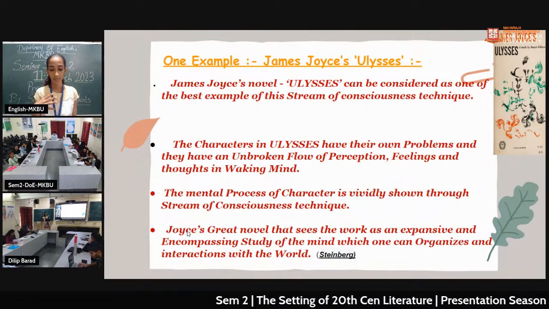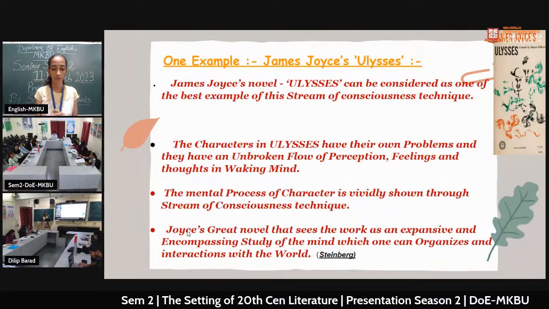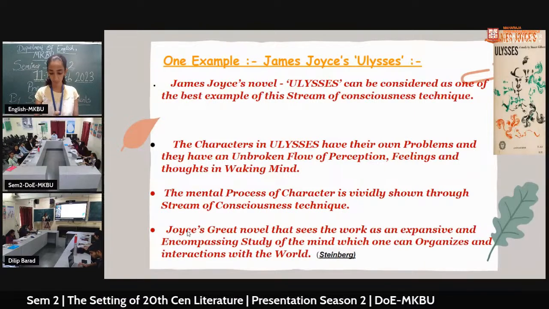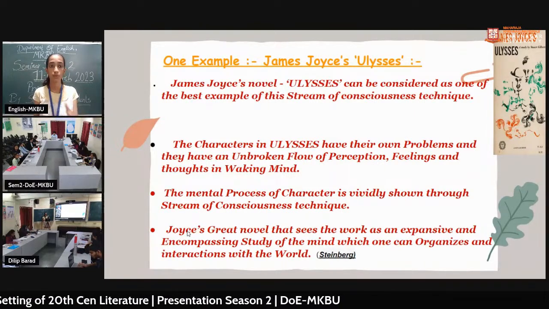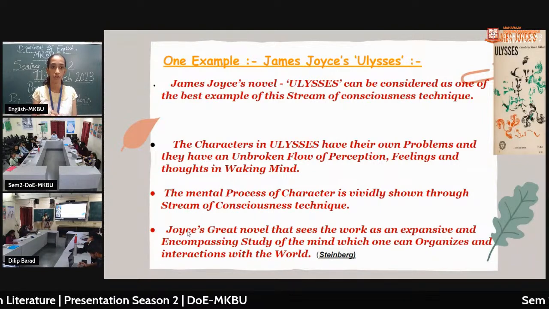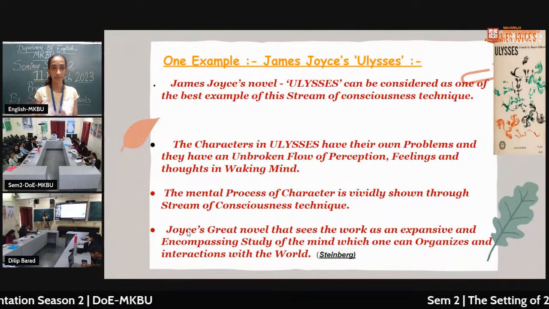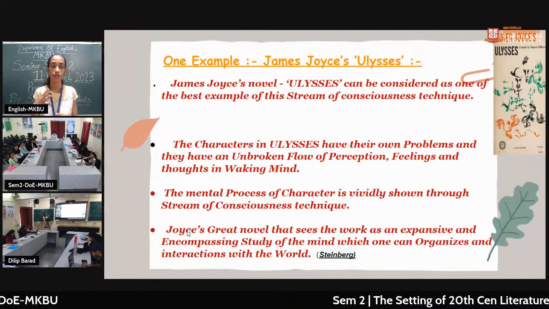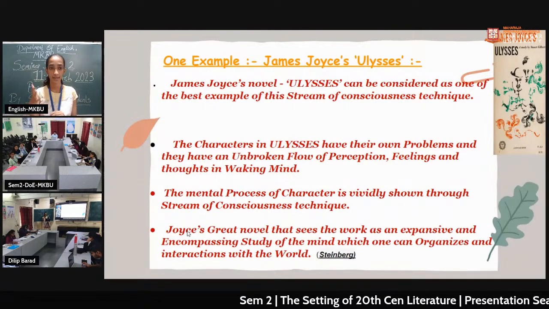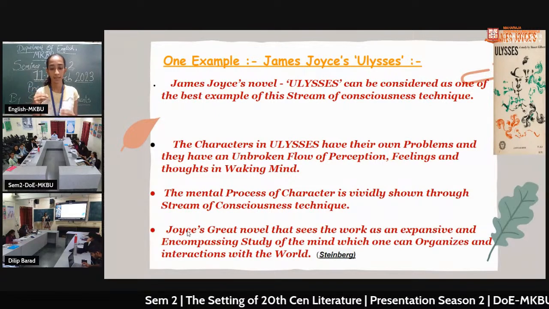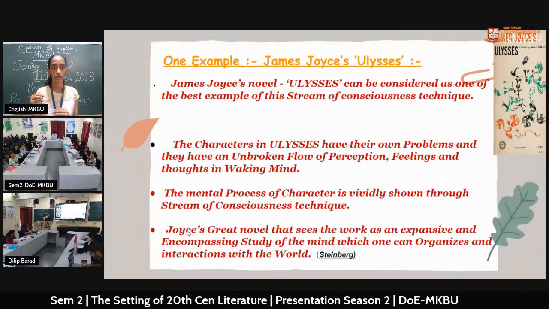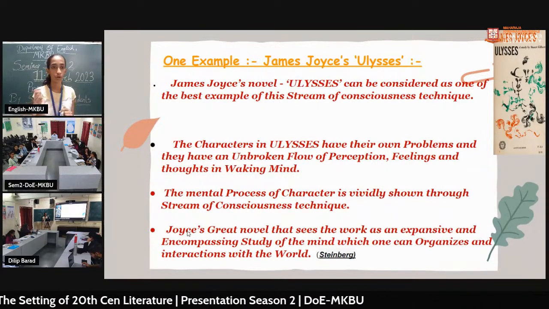In Ulysses, the narrator is passing from one thought to another, not even taking time for breathing, and that is why the narrator continuously passes from one thought to another thought.